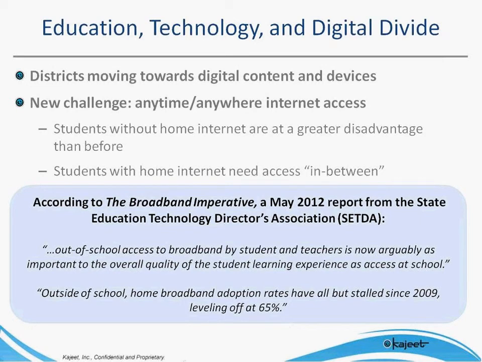That statement comes from all of the state education technology directors. And school and home broadband adoption rates have all stalled since 2009, left at 65%. What they're saying is that we had a period prior to 2009 when broadband access in the home was growing fairly rapidly, and we've really seen the growth of broadband adoption by families slow down.